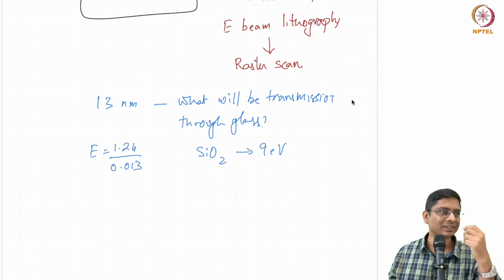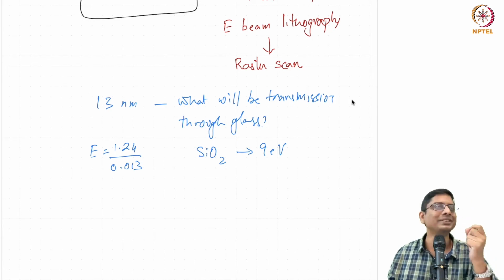Very large number. So if you have such a highly energetic photon, it will get absorbed first of all. You can't use glass. Then how do you focus that photon?